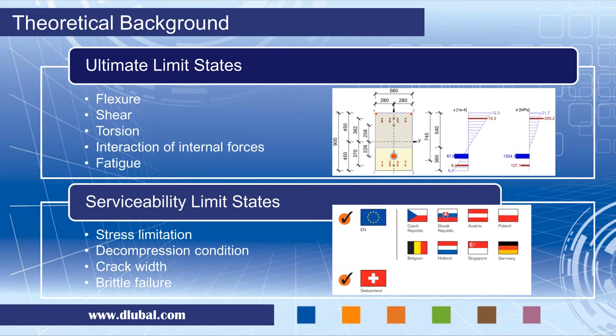Then we should be talking about the background of sectional design. We see ultimate limit states and serviceability limit states, and the list of all the checks. Anyway, you saw the possibilities in RF-TENDON Design, and here you can also see the German and Austrian flags, so we have national annexes of the DIN code and norm.